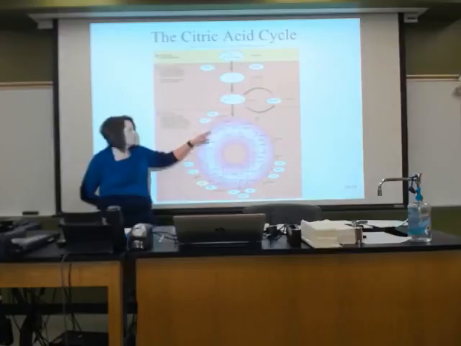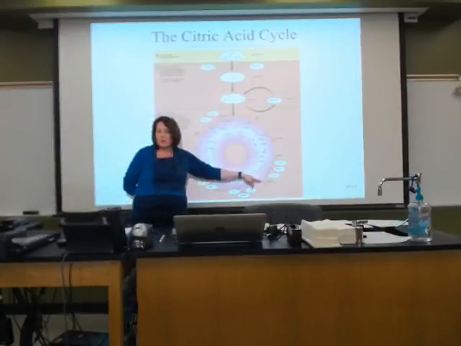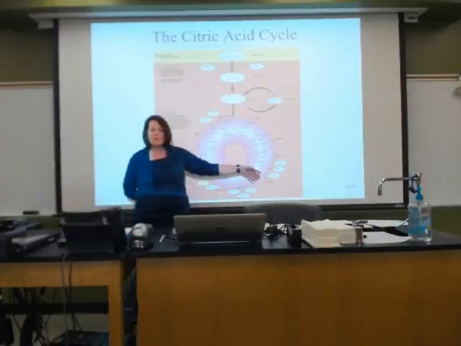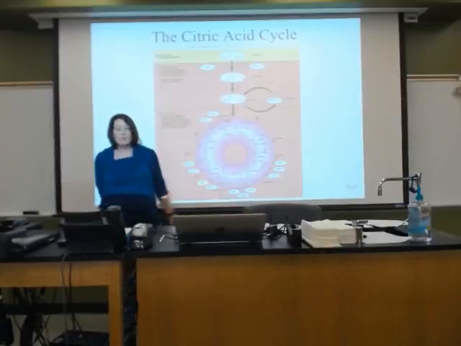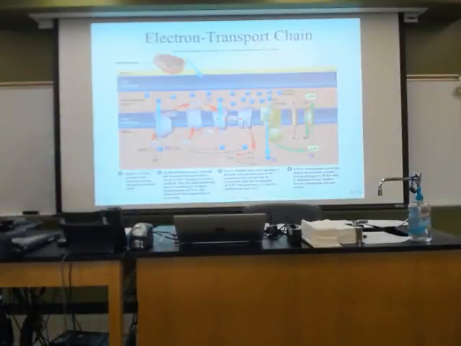So that second pyruvic acid will come through, go through all of these little steps, we'll strip off those electrons, okay, and now we get to shuttle all of those electrons to the electron transport chain.